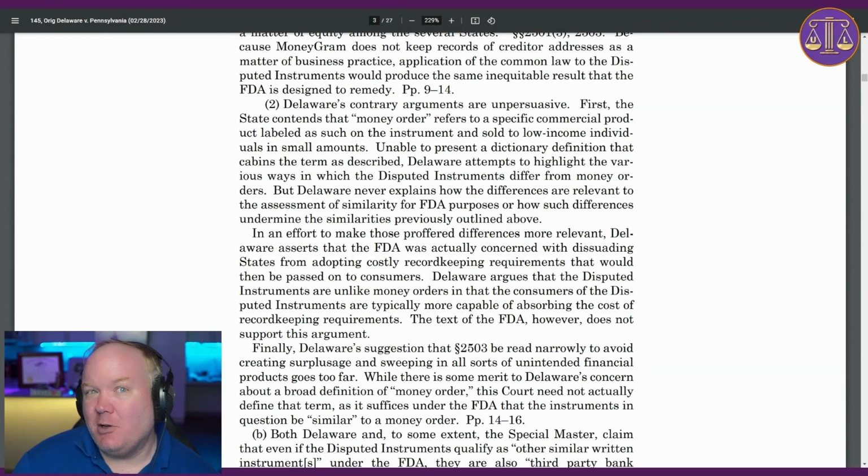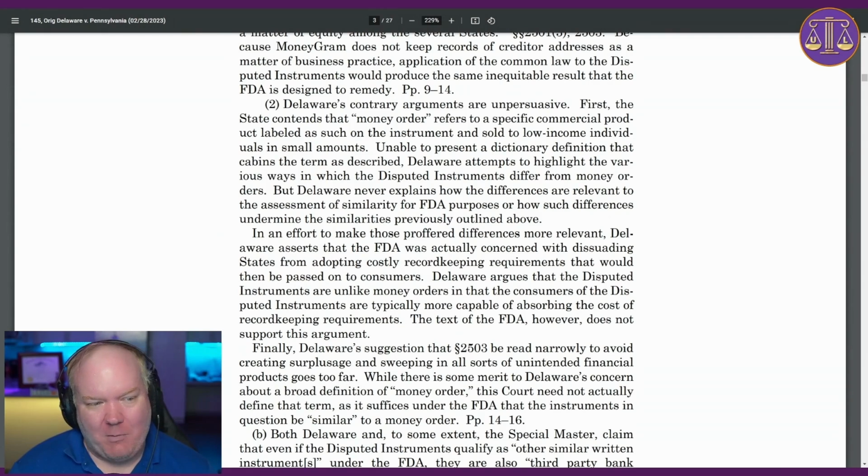If we call it something else, it's no longer a money order, even though incidentally the law says money order or similar instrument, because Congress wasn't this dumb. But even if it literally said money order and nothing more in the federal law, the courts wouldn't be this dumb. We didn't call it a money order, therefore it's not a money order. Yeah, no. Unable to present a dictionary definition that cabins the term as described, lol, no.